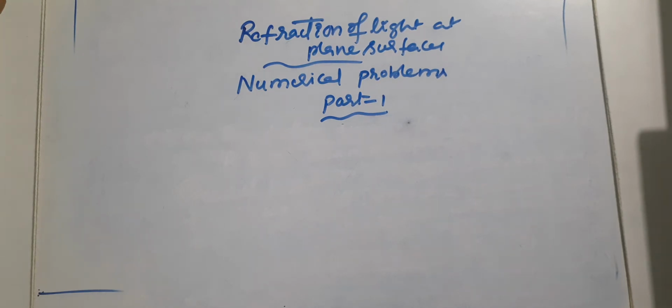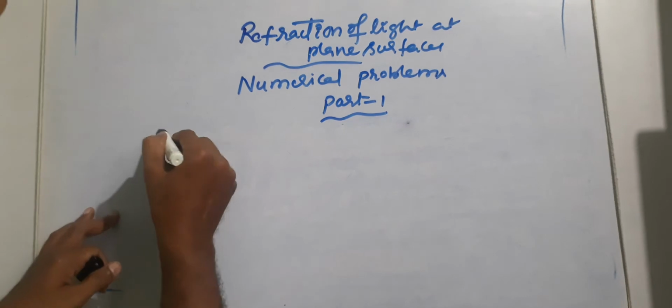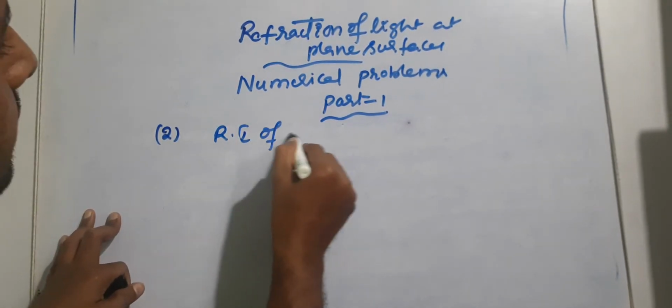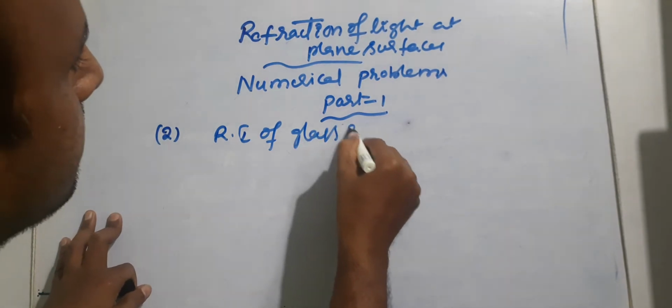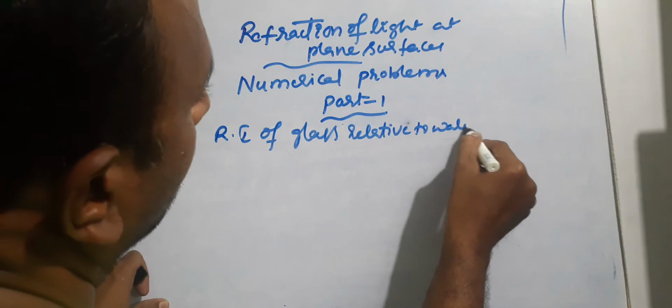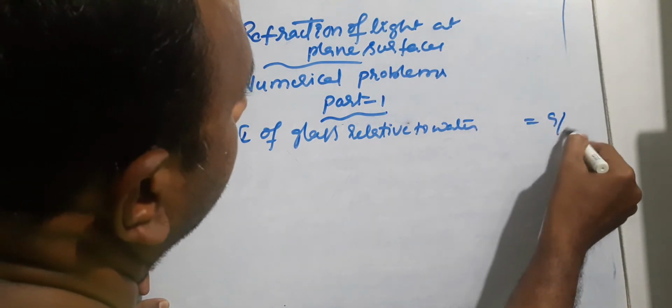Second problem in this chapter, question number 2. Refractive index of glass relative to water is given as 9/8.